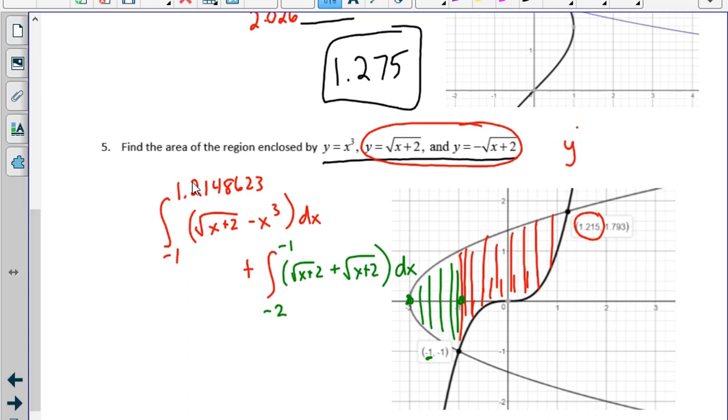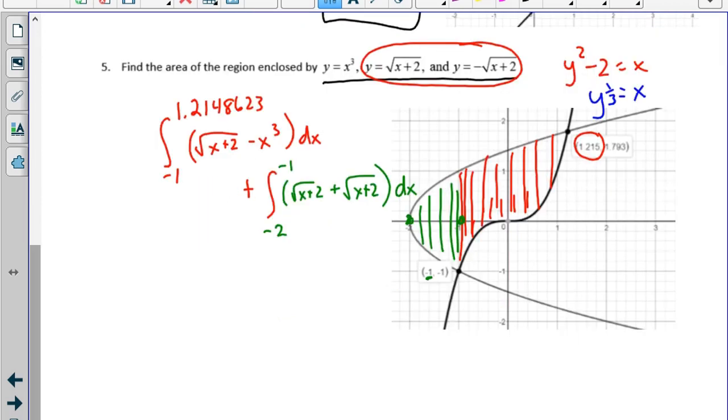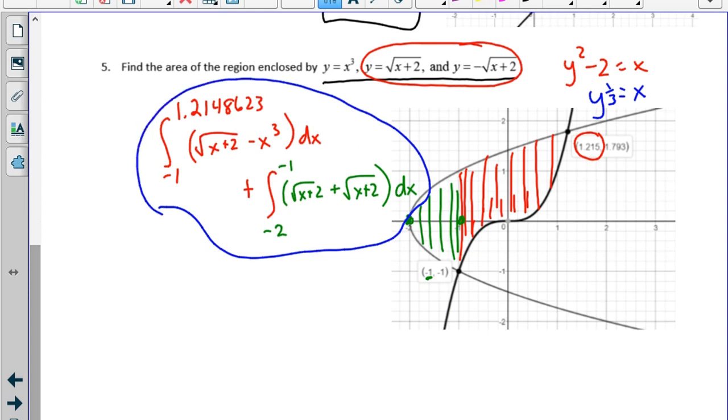So I can write this as y squared minus 2 equals x. And then I can also write the other curve as x equals y to the 1/3. And so I can end up doing this in an alternate way, which is a lot easier than all of this over here. So what I would do is I would write the integral from, notice these are now y values.